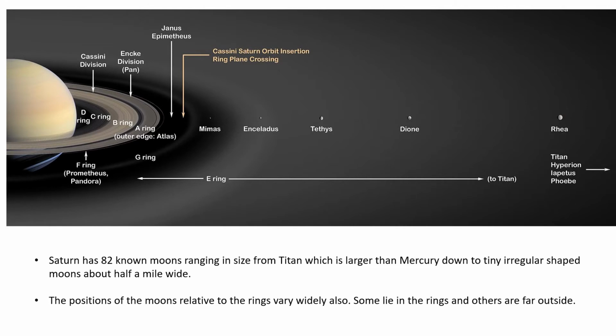Well, here's the reason. When the rings were first identified, which was about 1670, when they finally made a telescope that was good enough to resolve the ring structure, it was thought that there was just simply one ring. But then as telescopes got better and better, they were able to make out these gaps between rings.